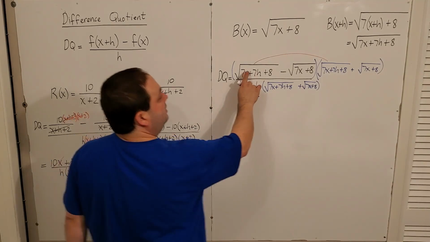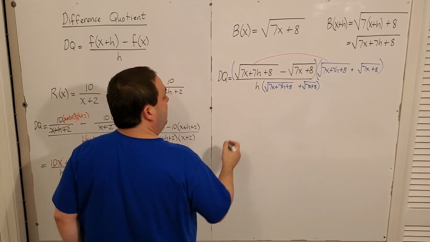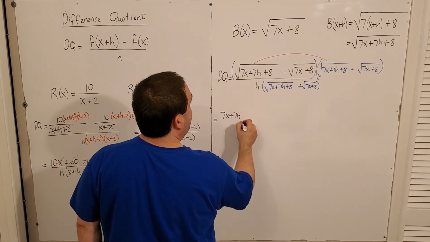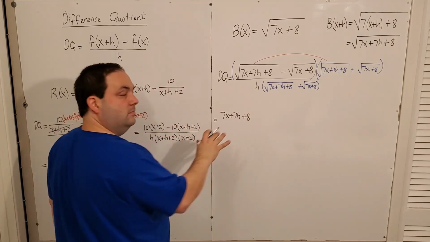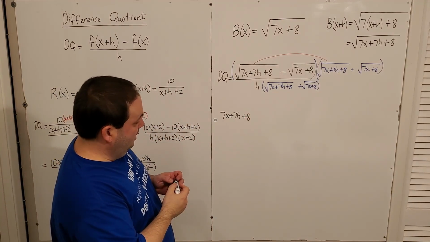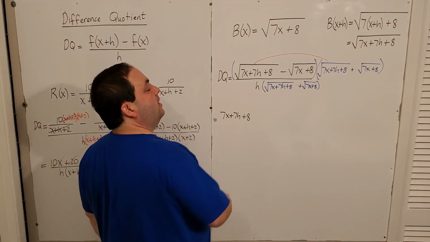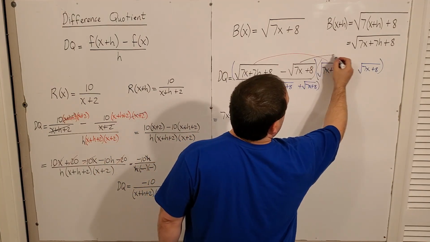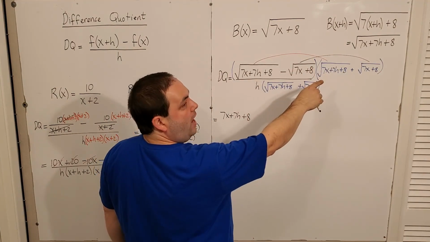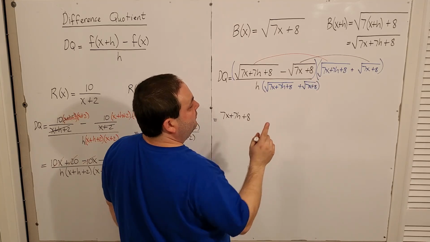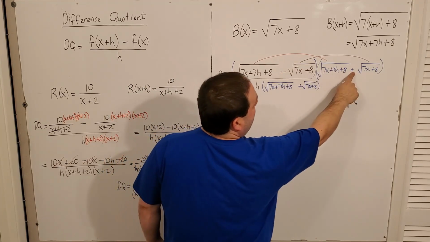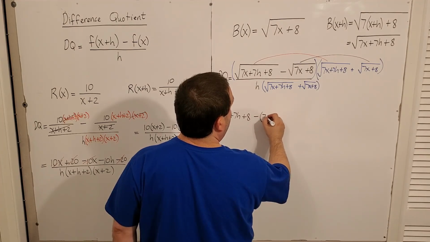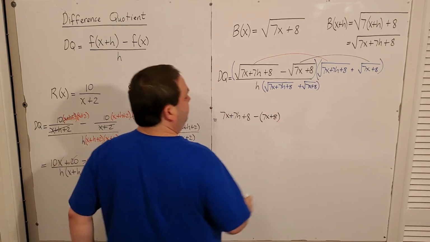So this square root times that one gives me 7x plus 7h plus 8. The same thing goes for this last one, the same radical again, except it's a negative times a positive this time, so I would have minus 7x plus 8.